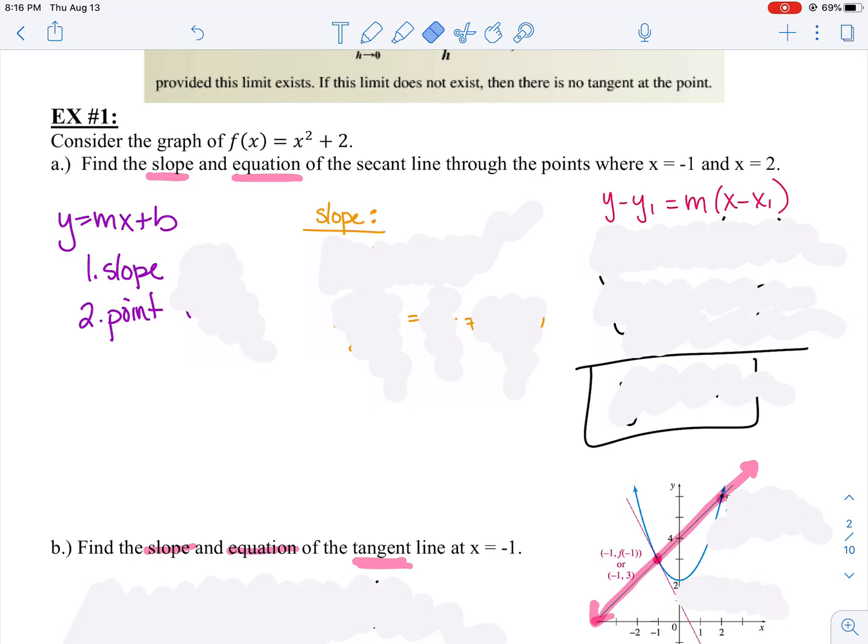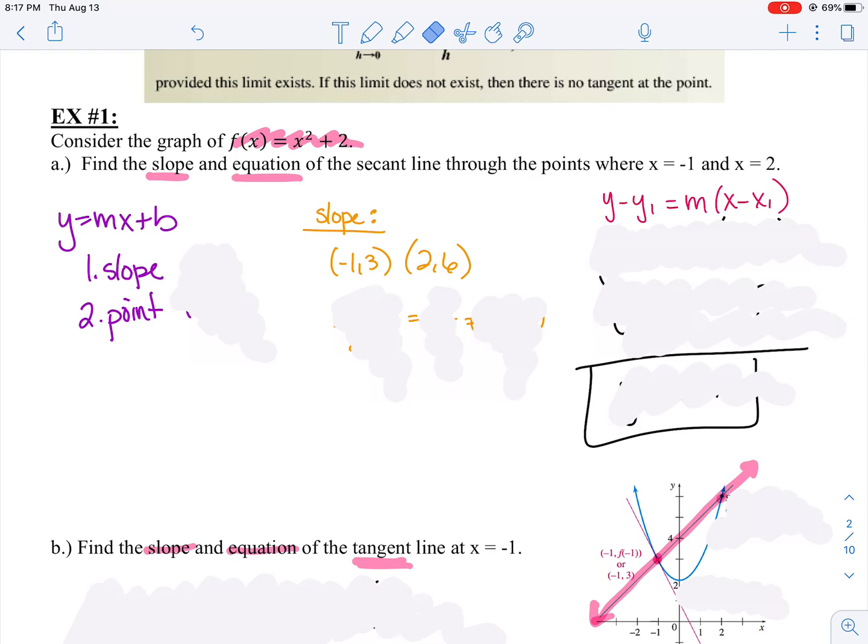But if I have 2 x values, x equals -1 and x equals 2, we should be able to plug those 2 values into my function and get the y values that correspond, right? So we should be able to plug in -1 into my function and figure out what y is. And we should be able to plug in 2 and figure out what its y value is. I'm going to do that now. So I actually have a point at -1, 3 and 2, 6.